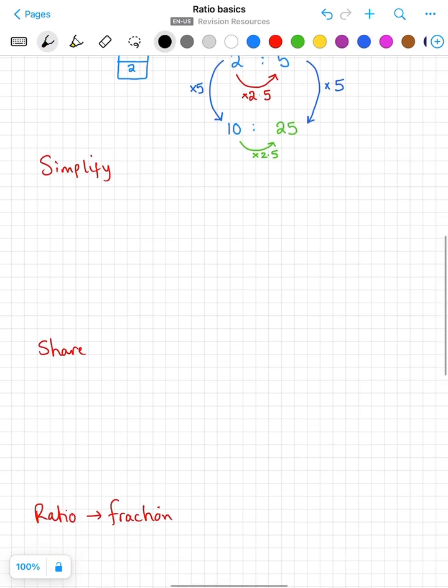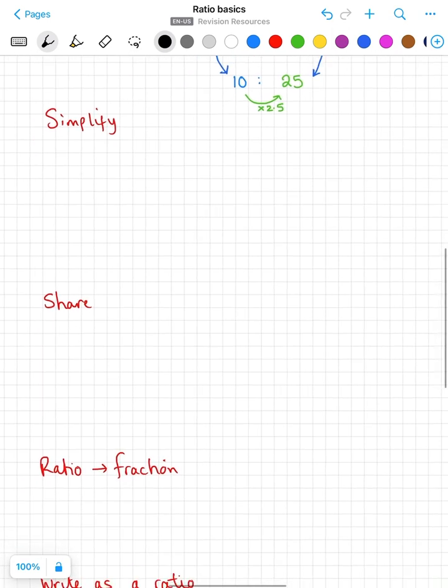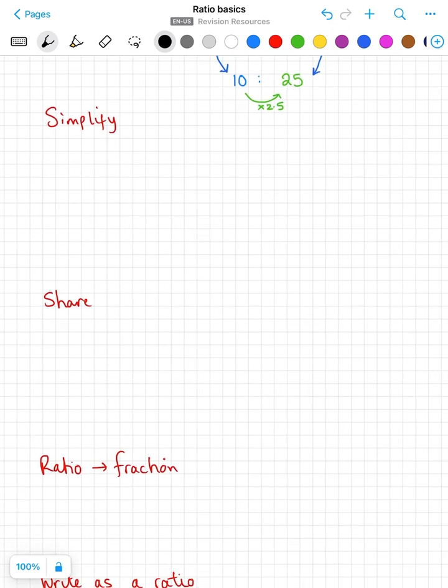If we're asked to simplify ratios, perhaps we've got our amount of money being shared. One person gets £40 and the other person gets £60. And we want to simplify this as much as possible. Yes, we could keep dividing by 2, but really what we want to do is look for any highest common factors.